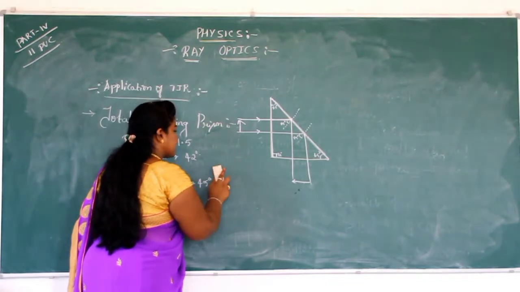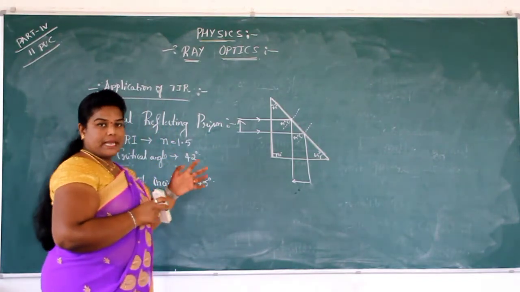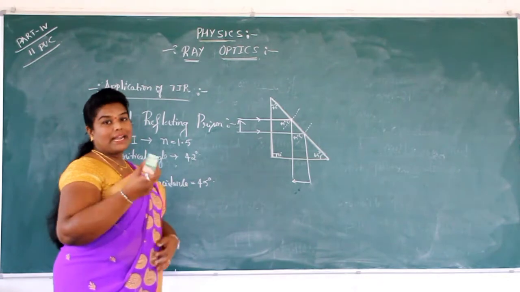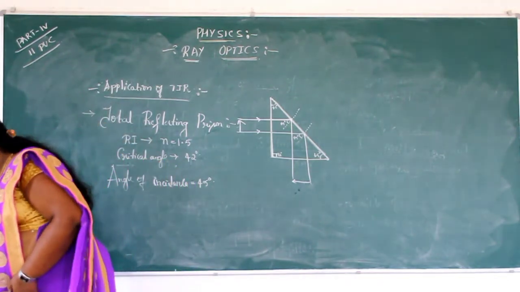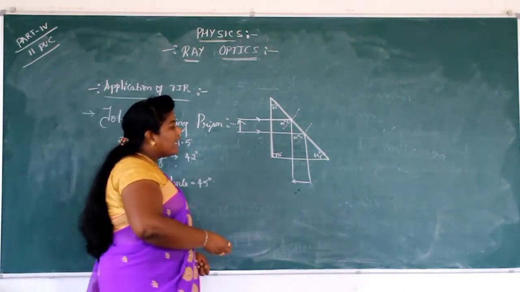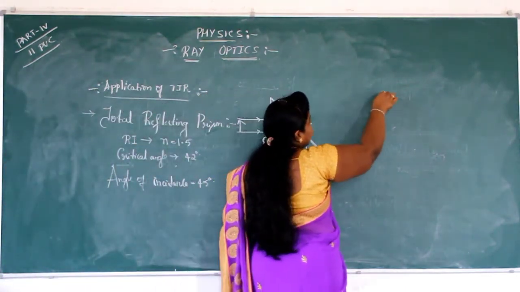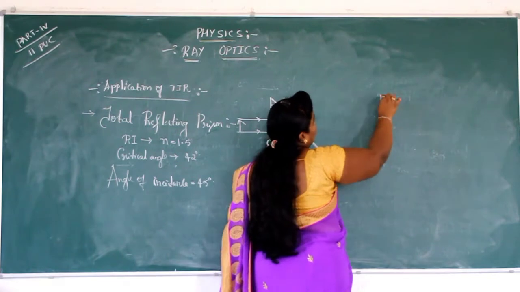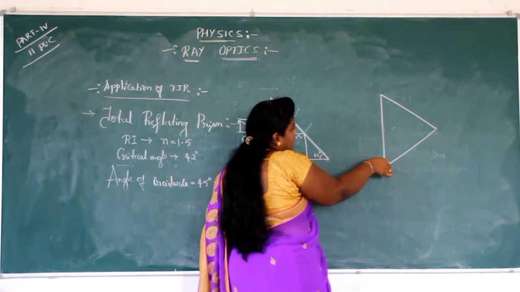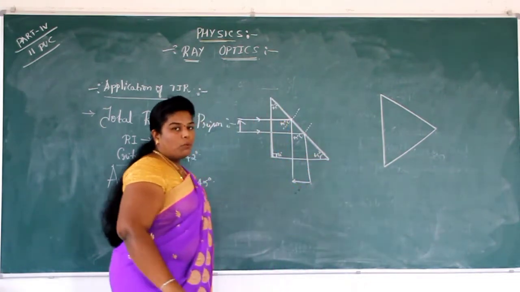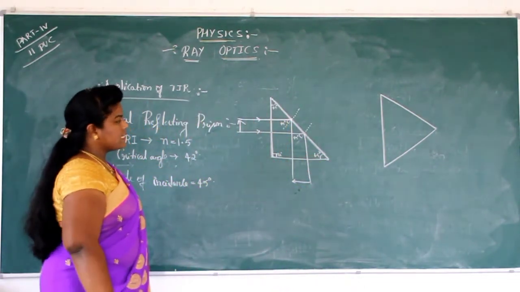Similarly, dear students, we can observe the same case by considering 180 degrees also. So I am going to draw another prism, which is going to invert the incident beam of light by 180 degrees, or invert the object by an angle of 180 degrees.